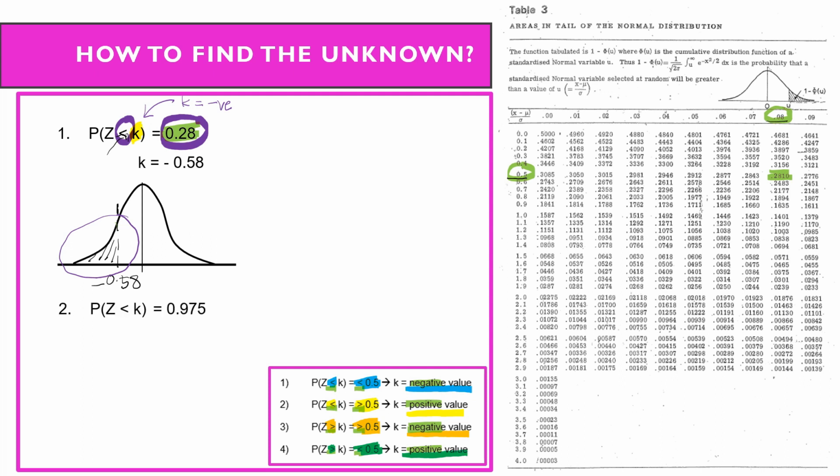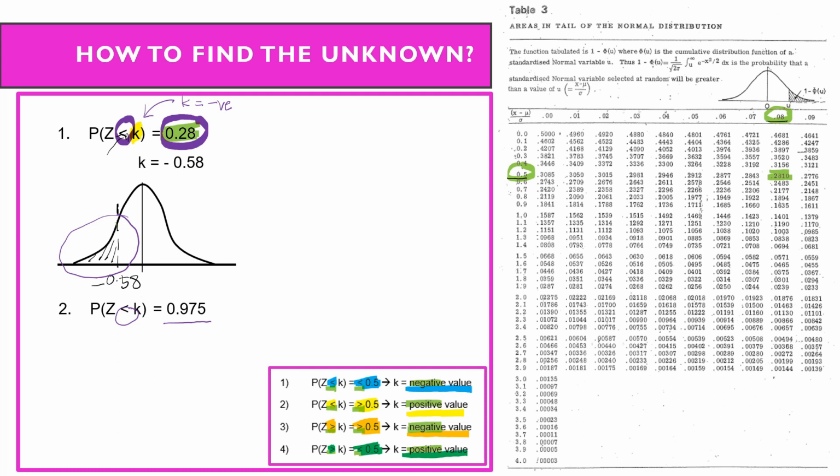Let's try another example. Probability of Z less than k equal to 0.975. The symbol here is less than, and the probability value is more than 0.5.